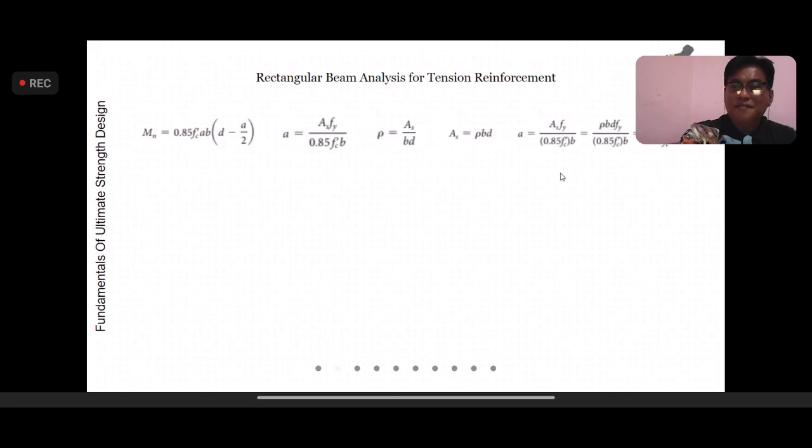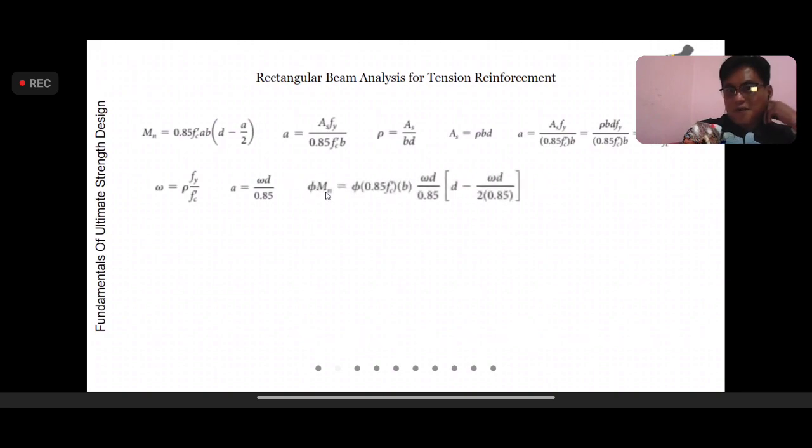Yun lang yung nangyari doon. Kaya nagkaroon ka ng formula. Maya-maya, mag-present natin. This is set as omega. By virtue of the formula for beta and c, you will have that a. And Mn, so kung ano yung nandito, palitan mo lang. Ito yun. Then you simplify it.